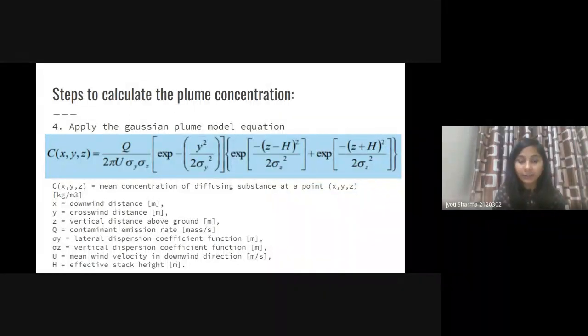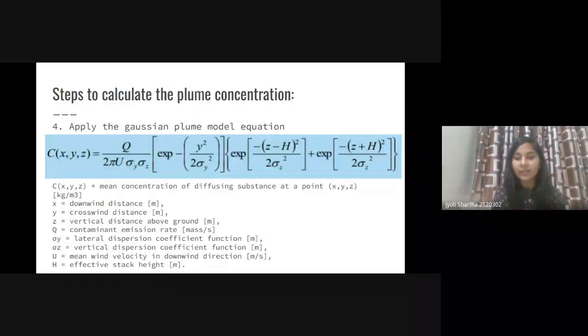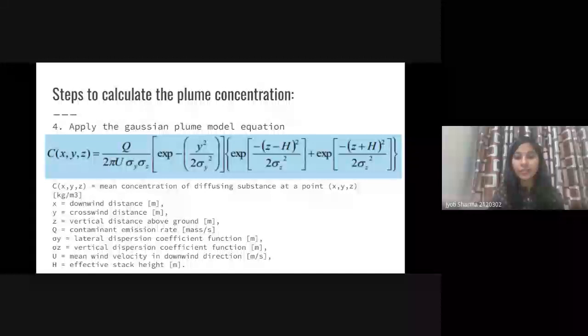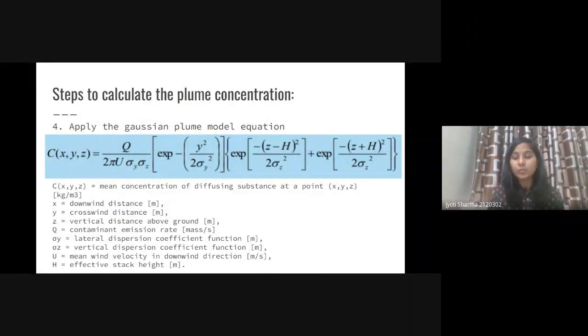If you have that rate, then you have wind speed, standard deviation in x and y direction, distance in x direction, and distance in y direction and z direction, then after applying this equation, you can calculate the concentration at the point you want. So this is how we can calculate the plume concentration with the model known as the Gaussian plume model.